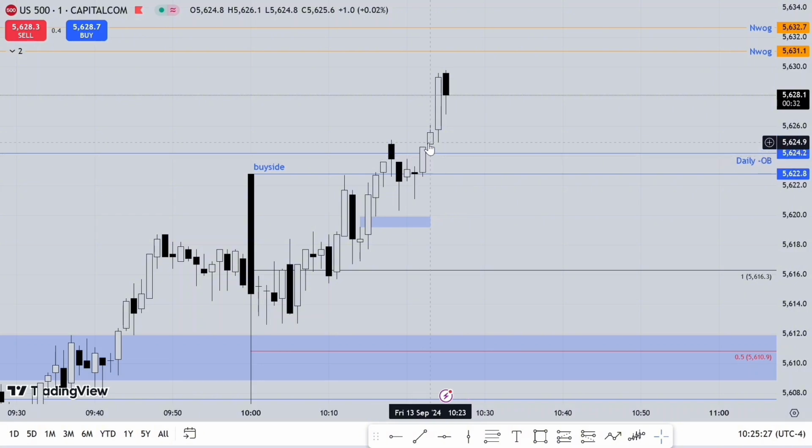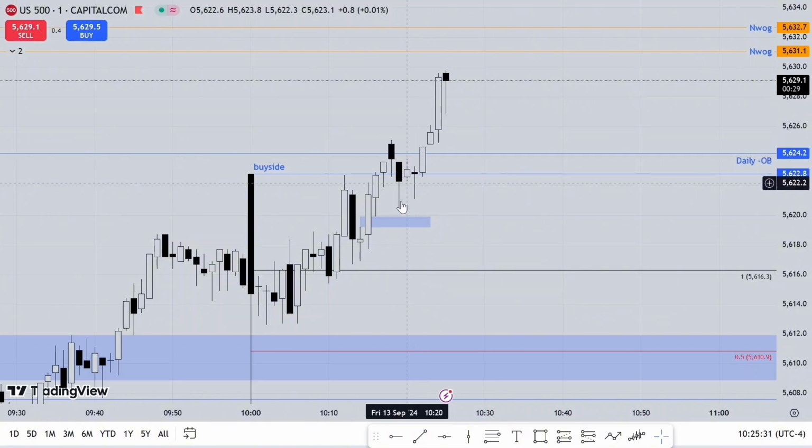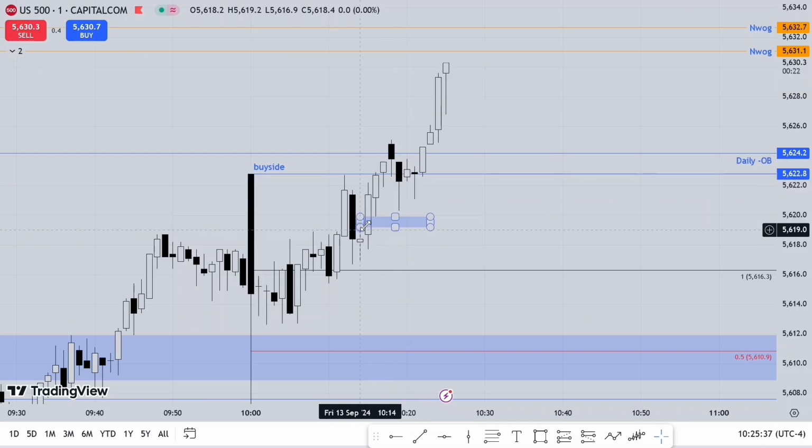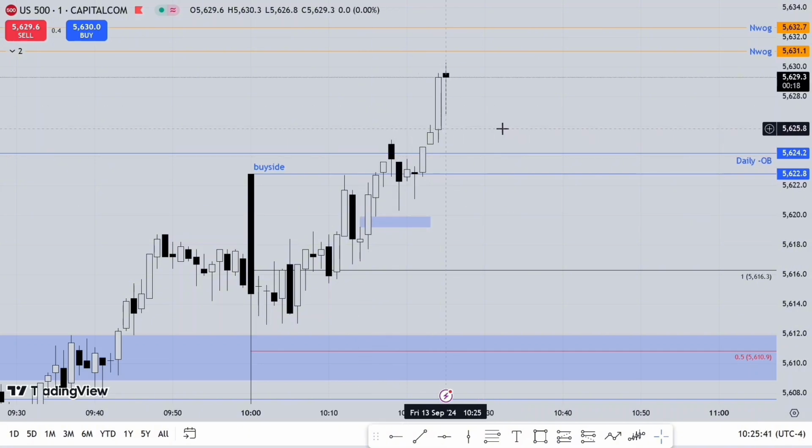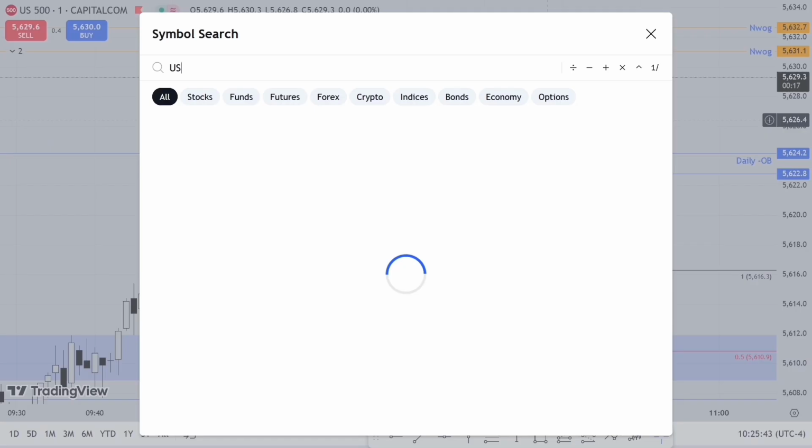We would want this to act as a breakaway gap, because this is seen as price being extremely bullish because we fail to fill in this fair value gap. This is narrative. So let's see what the US 100 is doing, which is the Nasdaq.